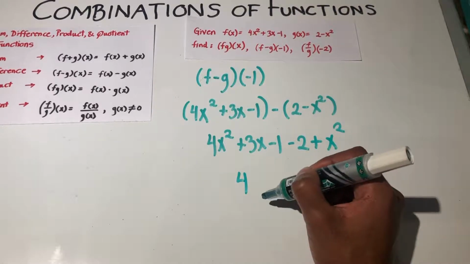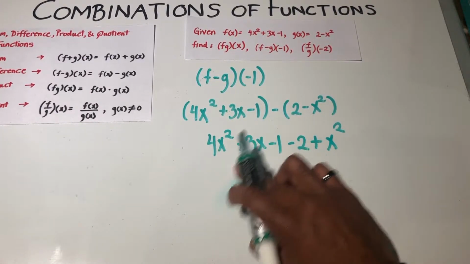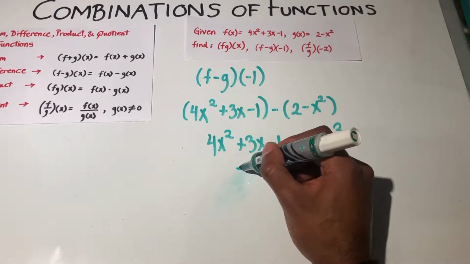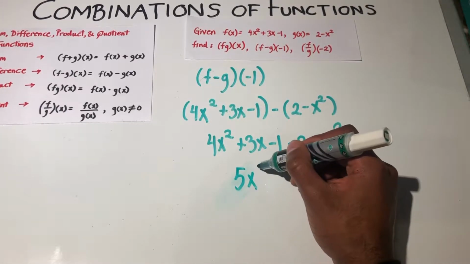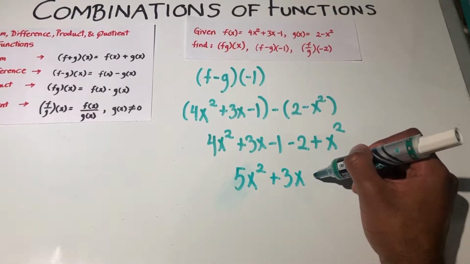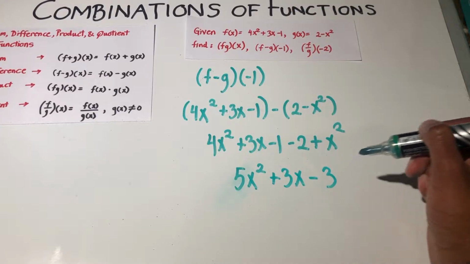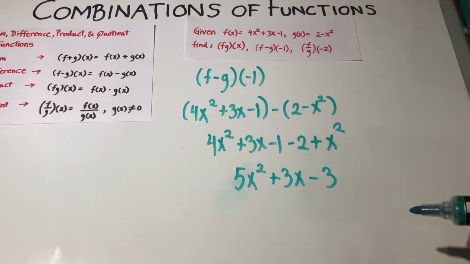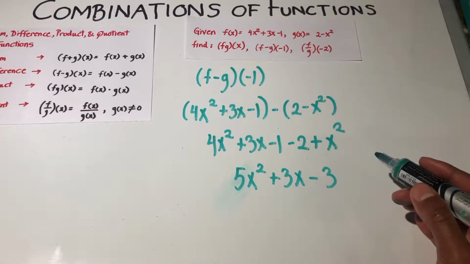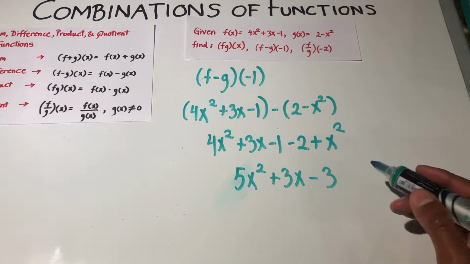We can simplify this even more, group like terms. We have 4x squared plus x squared, that's just 5x squared plus 3x minus 3. Let me just make sure I did this right. Yep, looks correct.